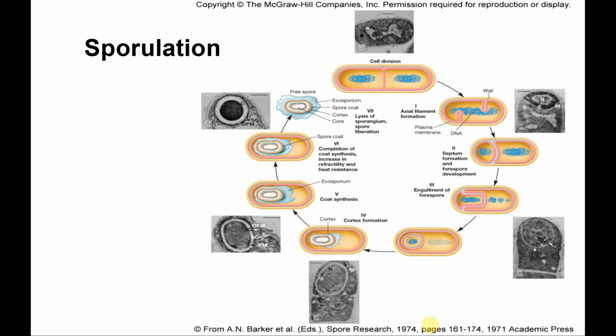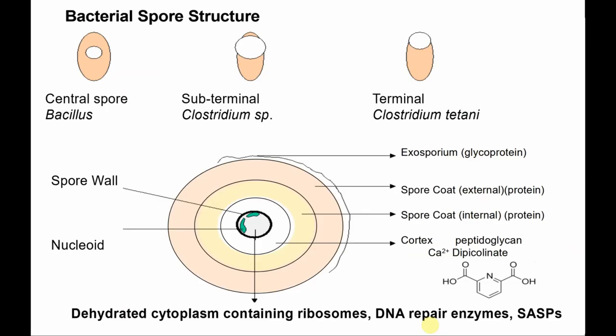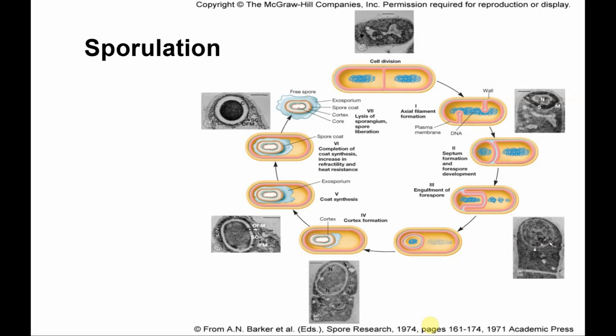What about formation of the endospore? Now, one of the things that is weird here is that you've got a lot of structures on the outside of the endospore, and the endospore is entirely metabolically inactive. So there's no way that it can synthesize all this stuff, right? So what is happening is that spore formation occurs during bacterial division.